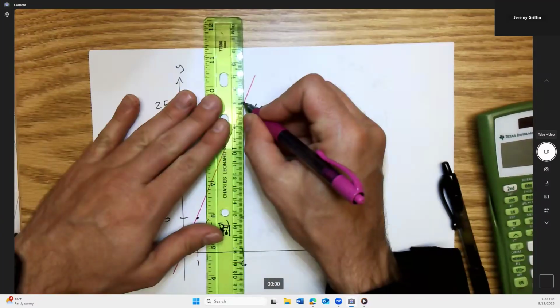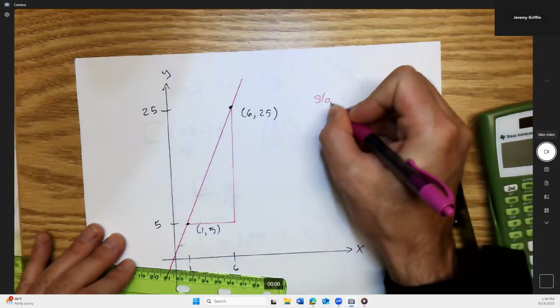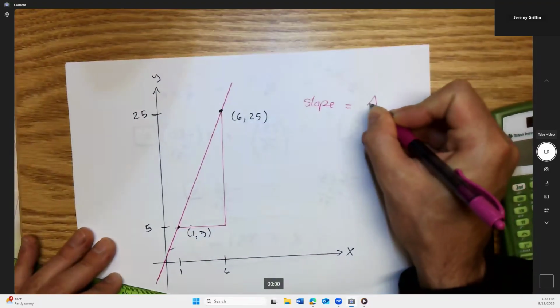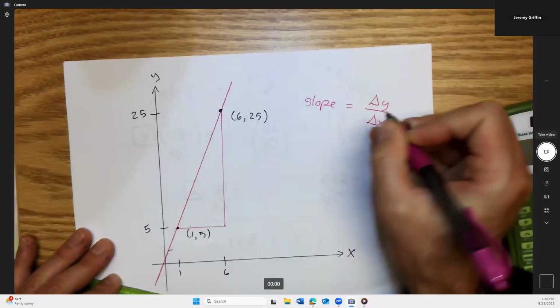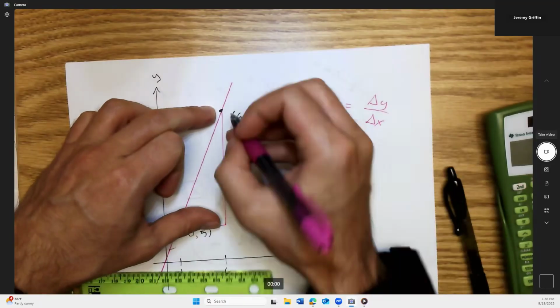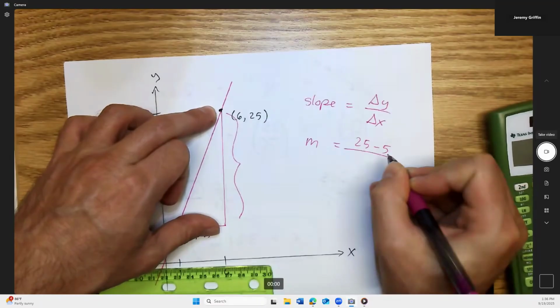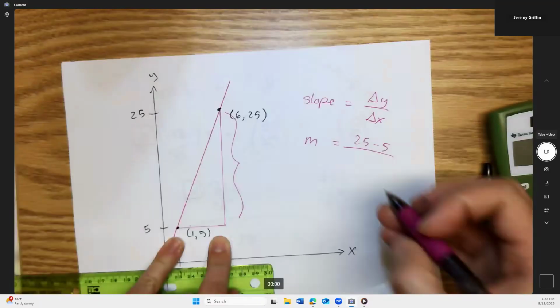So guys, slope is rise over run. That's like changing y over changing x. So slope is like m. What's 25 minus 5? 20. And then what's 6 minus 1?